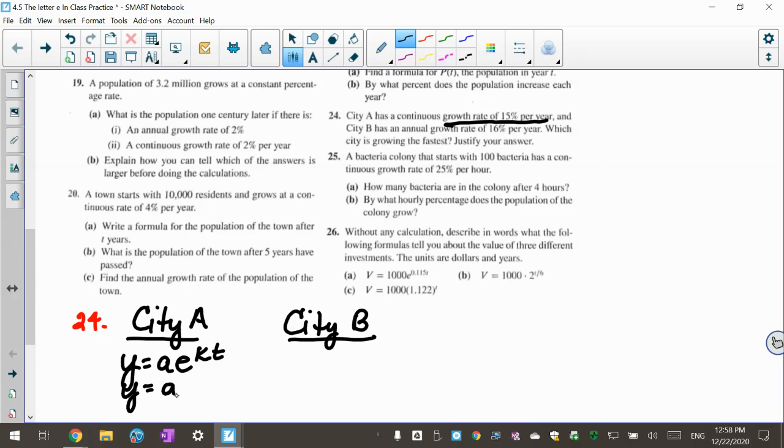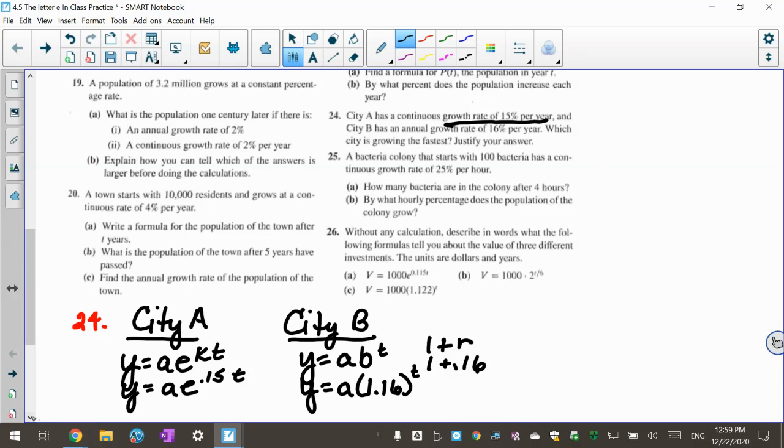I don't know anything else besides that. City B says there's an annual growth rate of 16% per year. So this is going to be y equals a b to the t. If it's 16%, that's going to be 1 plus my rate, 1 plus 0.16, so this is 1.16 to the t.